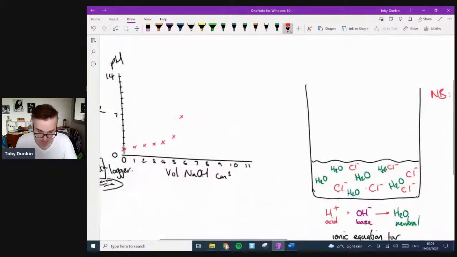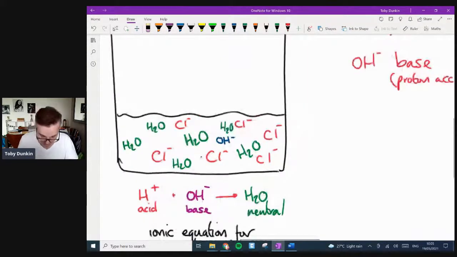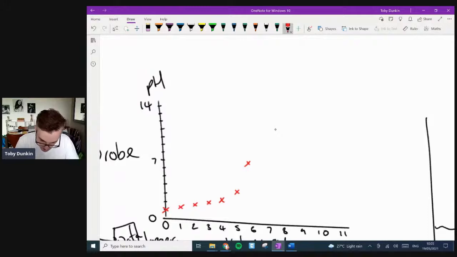And now I'm going to add 1 more drop of sodium hydroxide. And what you now realize is I'm now an alkali and the pH skyrockets. We've now just gone from acid, all of a sudden, it's jumped up to pH right up here.